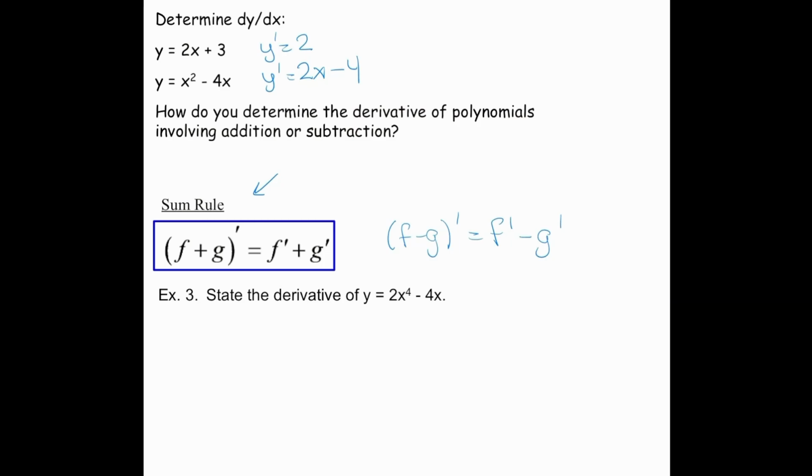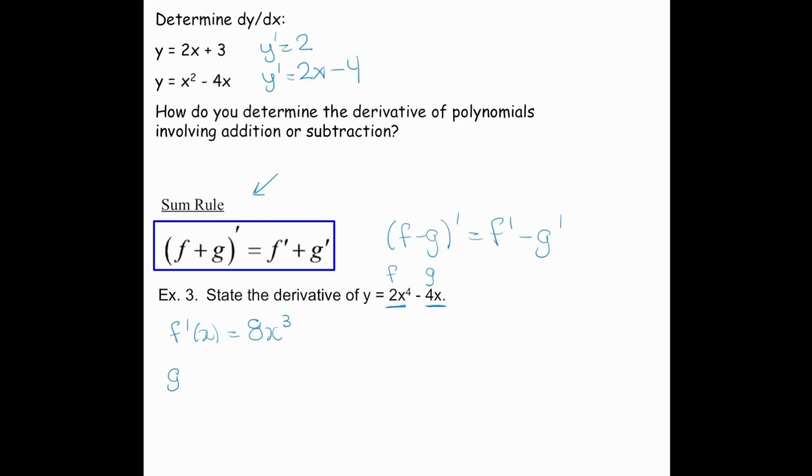So let's look at another example. State the derivative of y equals 2x to the power of 4 minus 4x. We're going to take the derivative of each term. So let's say this is f and this is g. My derivative of f of x, using the power rule, is 2 times 4 is 8x, and 4 minus 1 is 3.